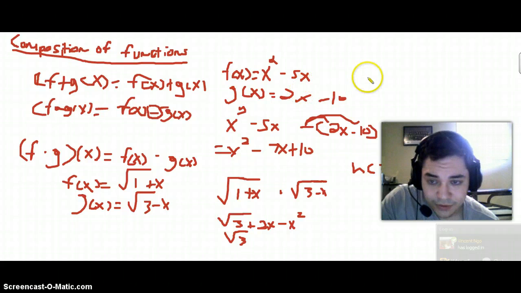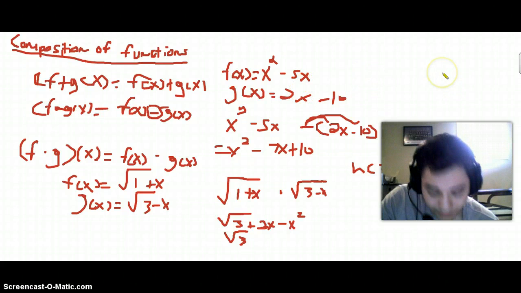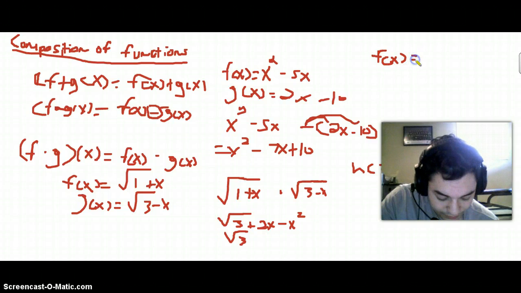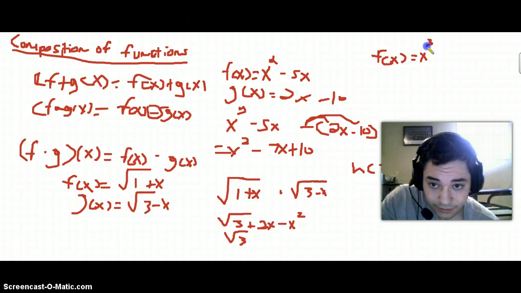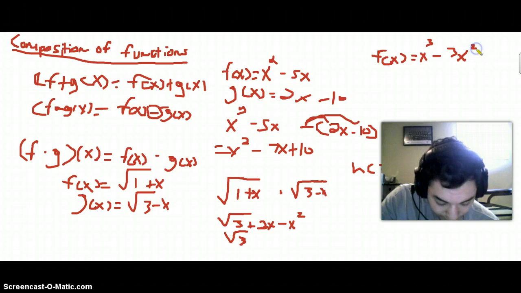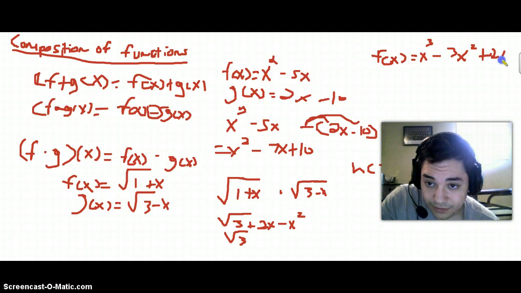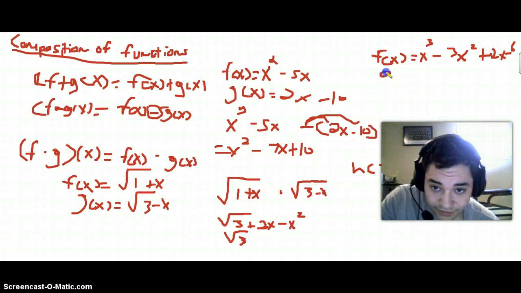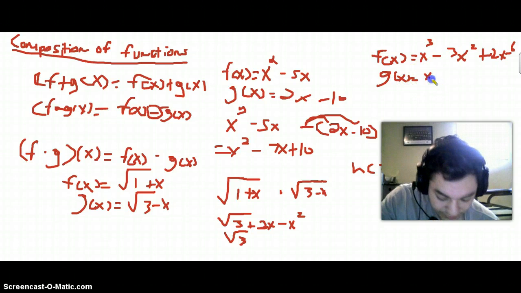But now we're going to move on to dividing functions, and for dividing functions, I told you it was very important to factor and simplify, because let's say we have f of x equal to x to the third minus 3x squared plus 2x minus 6, and g of x is equal to x minus 3.